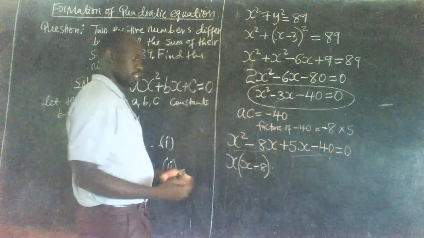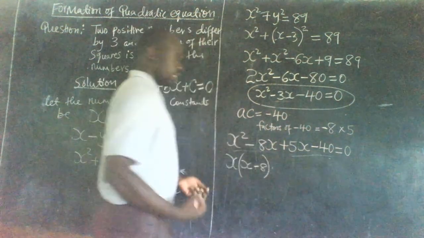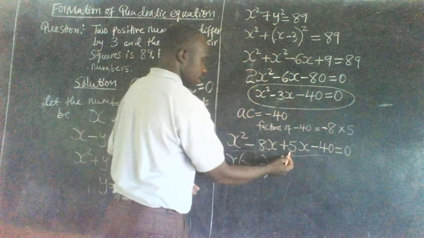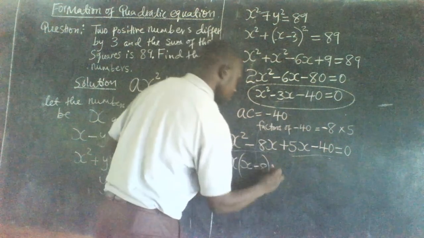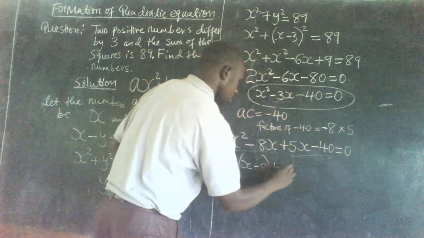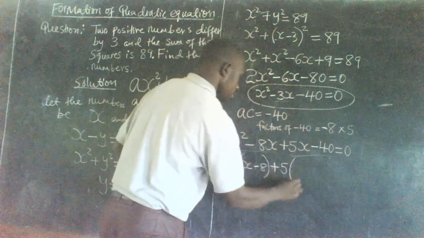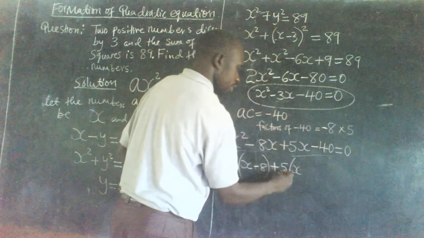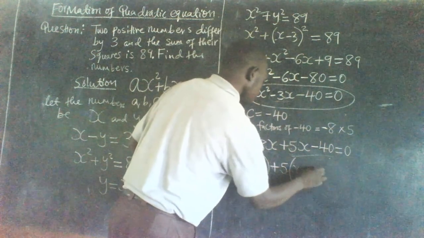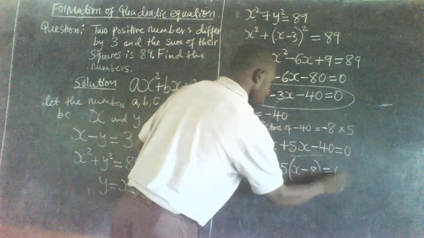Close the bracket. Then the second part, 5x and minus 40, the common factor is 5. So we have plus 5, 5x divided by 5 is x, minus 40 divided by 5 is minus 8, is equal to 0.